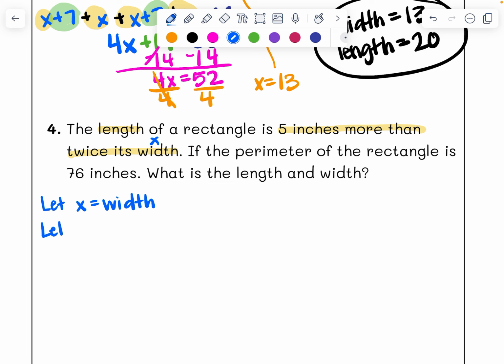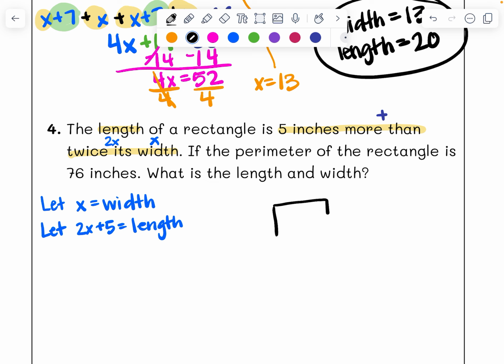Now I need to figure out what I'm going to call my length. 5 more than, so remember that more than tells you to add, twice the width. If the width is x, then twice the width would be 2x. So let 2x plus 5 equal the length.